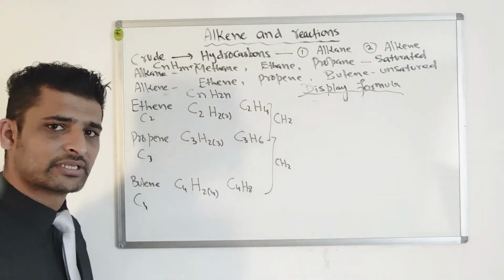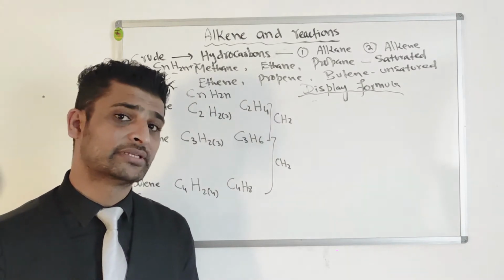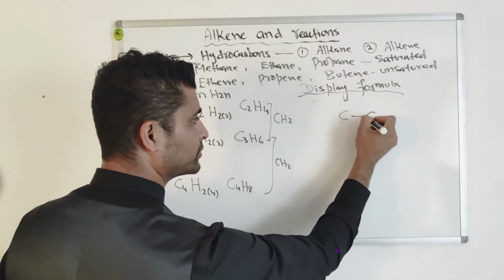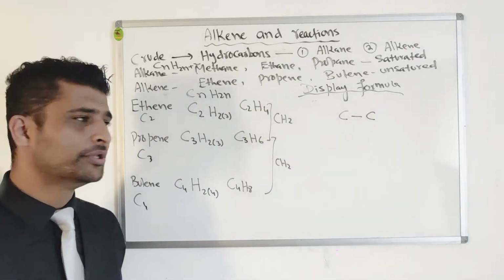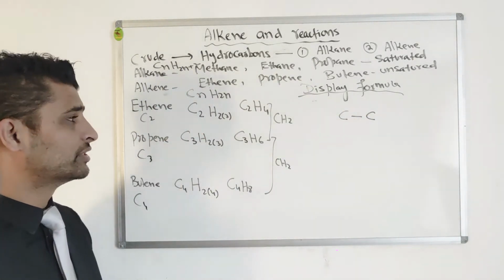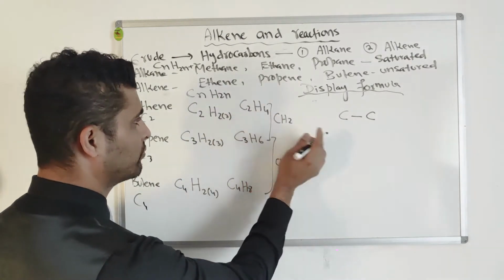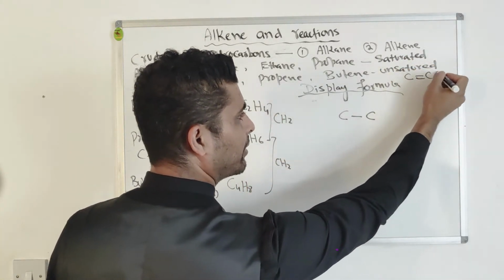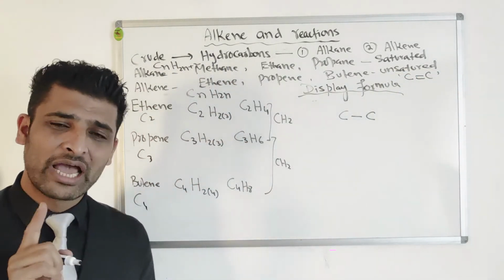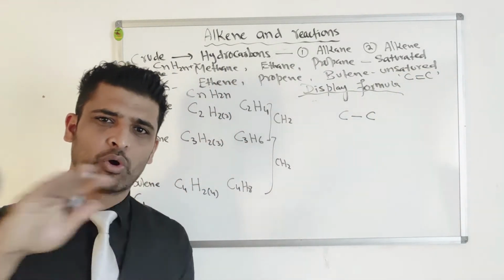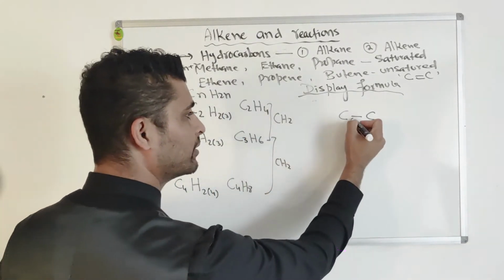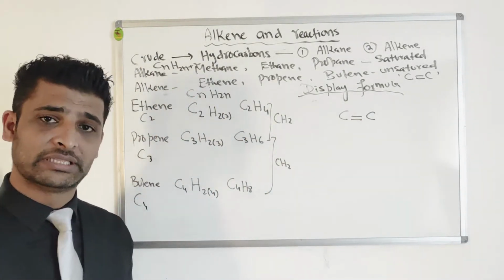My advice is still going to be the same: please draw the carbon first. C2, so you're going to put C2. Now I told you already that ethene is a compound where the carbons are unsaturated and have a carbon to carbon double bond. So you should have at least one double bond in the whole chain. Because there are only 2 carbon atoms, I will put the double bond between them.